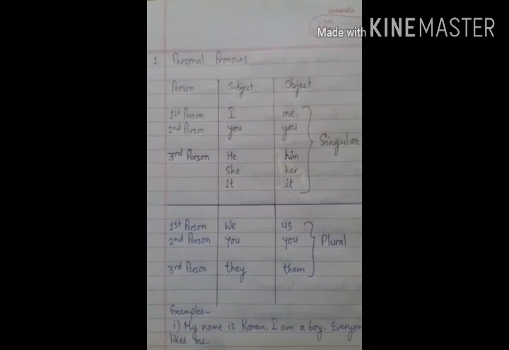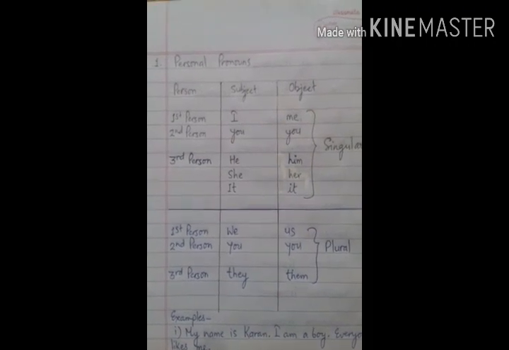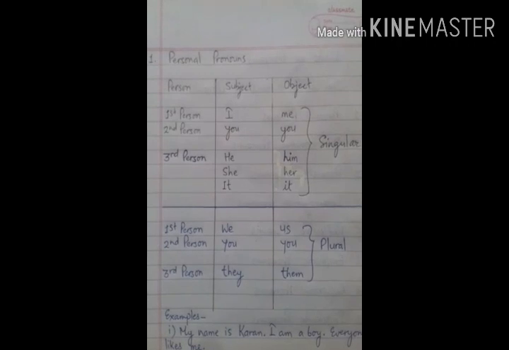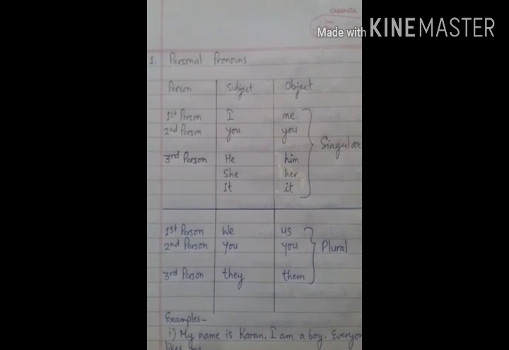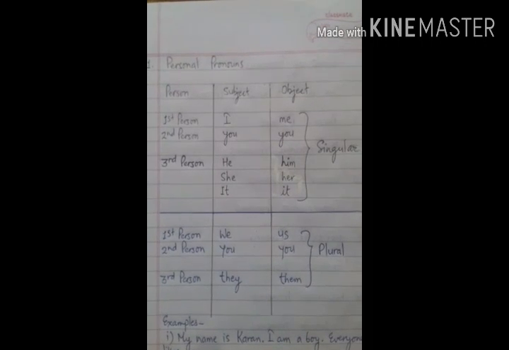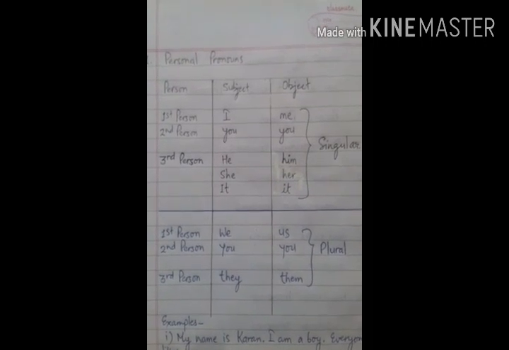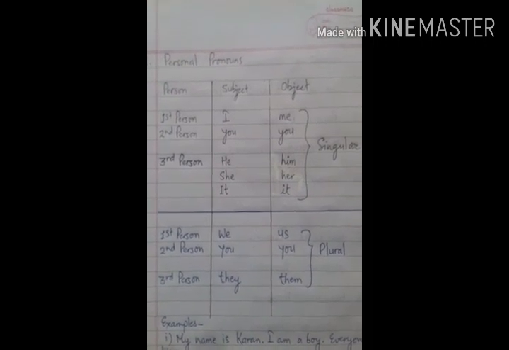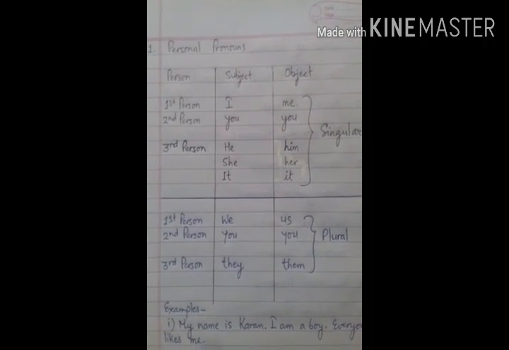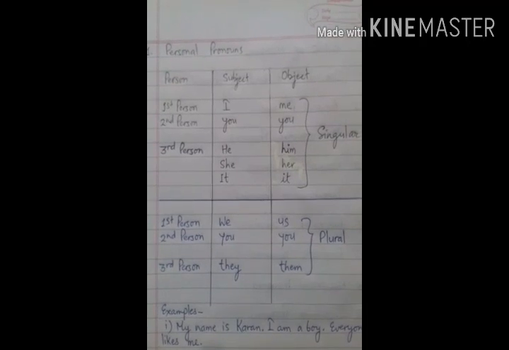The pronouns which are used as subjects are called subjective pronouns, and those used as objects are objective pronouns. But when I refer to myself as the object, it changes into me. So me is the first person objective pronoun. We will later understand all these subjective and objective pronouns with the help of examples.